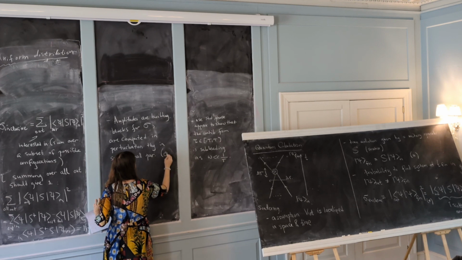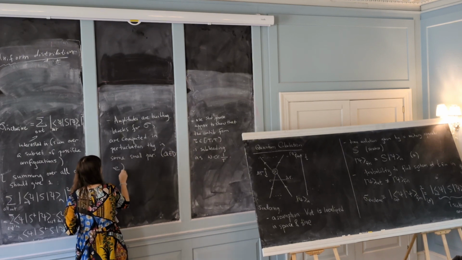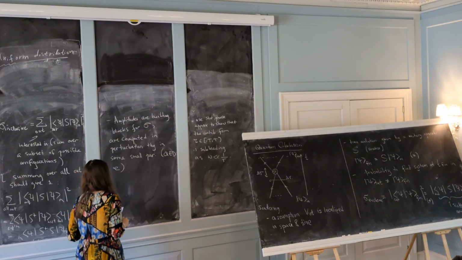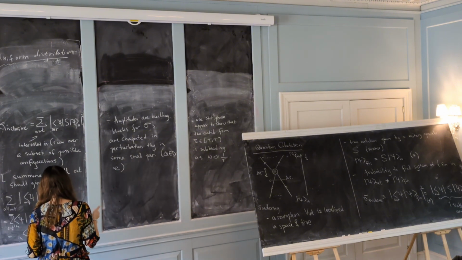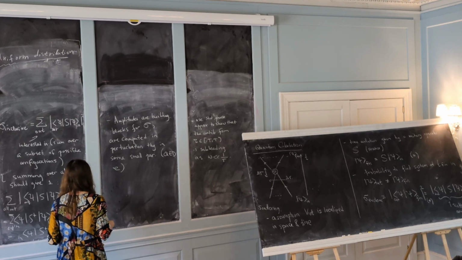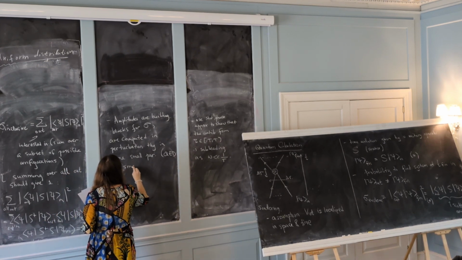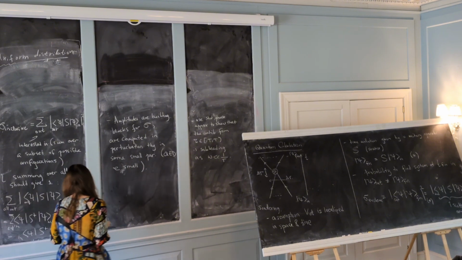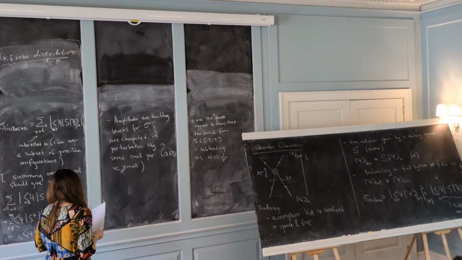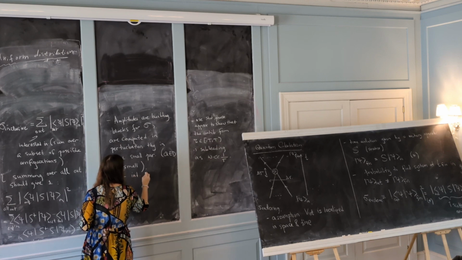So for example, in QED, the coupling between the photons and matter, the electric charge, would be small. You can think about this as the interaction strength.